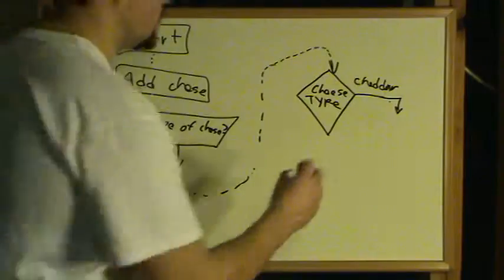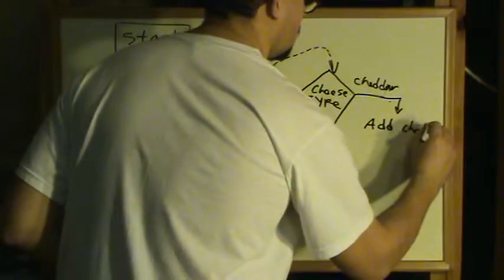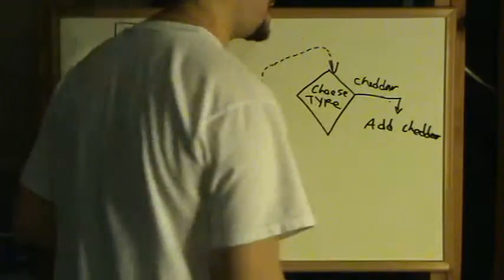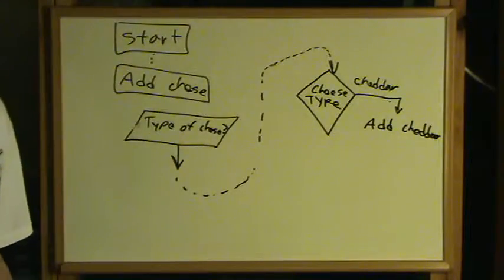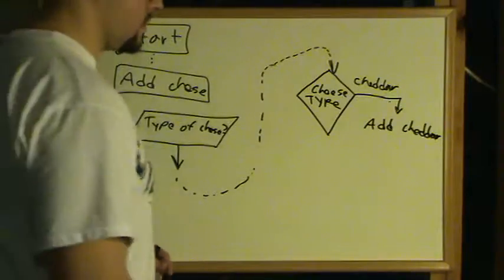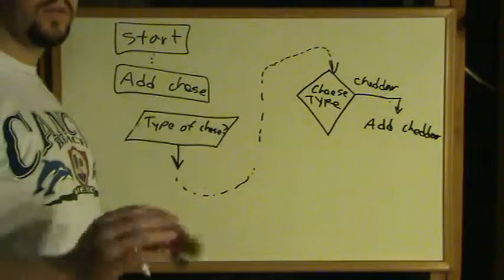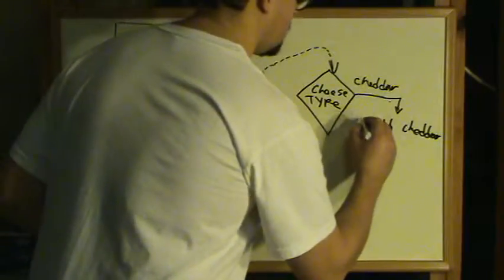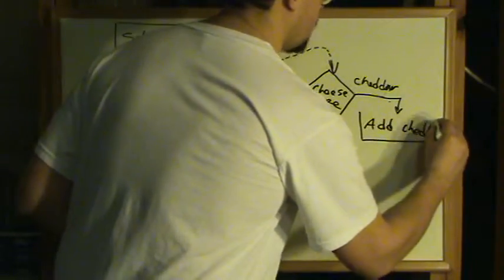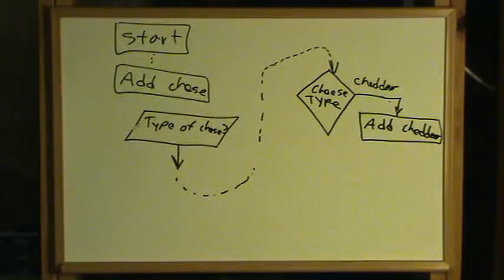We add cheddar. Now I'm not going to get silly and say, how many slices of cheddar? Do they want a thick slice, thin slice? We're not going to get into that much detail. Let's just say it's like Subway. You ask for something and they give you the same thing. Adding the cheddar is an actual task that we don't ask for any other inputs inside, so it's just a regular rectangle.